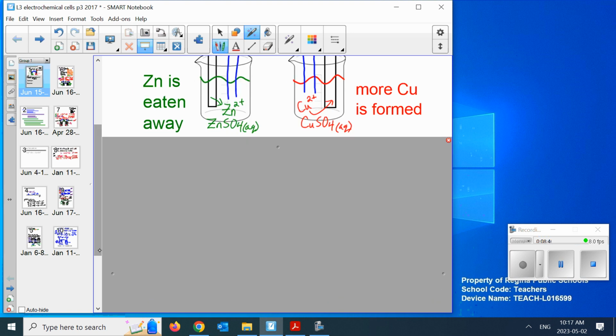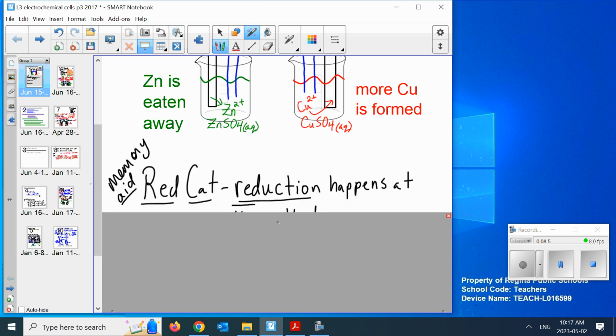It'll be on the test. Okay? Now, how do you decide which one's the anode and which one's the cathode, the zinc or the copper? Here's a memory aid that we're going to use: red cat. Like oil rig, gaining electrons. Well, red cat is our memory aid: reduction happens at the cathode.